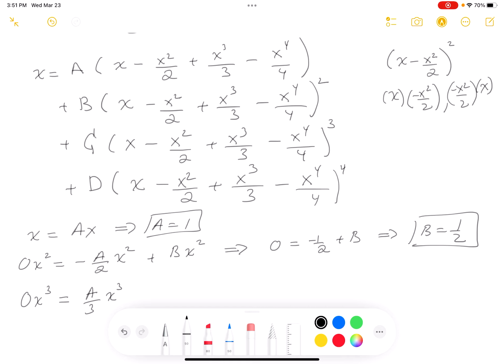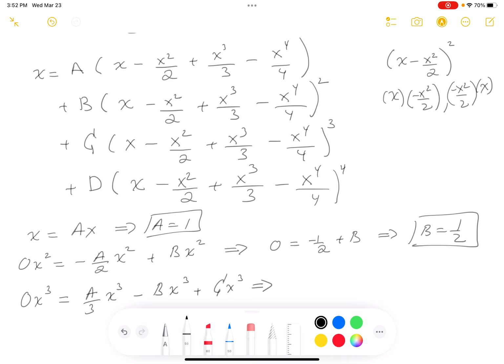Minus 1/2, which is minus 1. All right, let me write that down. So it's going to be minus b x cubed. Now let's go to the next guy, the third degree, third row, which is going to be c x cubed then.